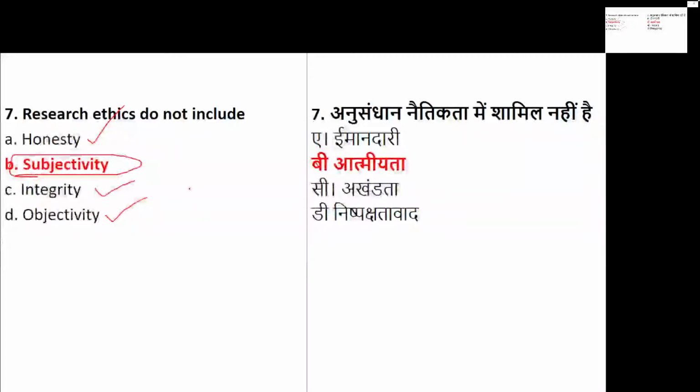Subjectivity will not be a part of research ethics. Subjective means something which is based on personal opinions or feelings. So something which is personalized will not be a part of research ethics. Many of you have said right, but there are some students who got confused. I've cleared the doubts. Fine.